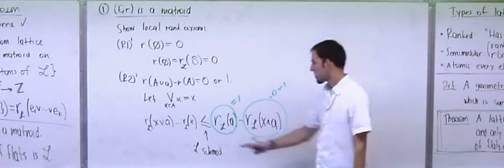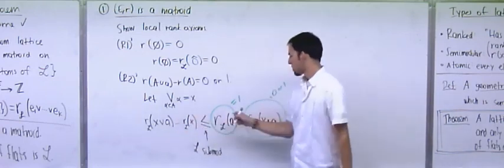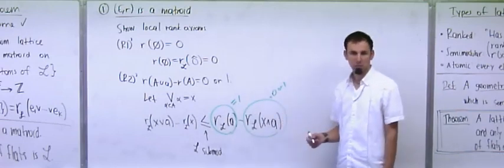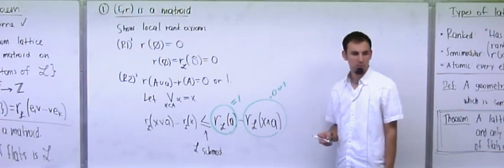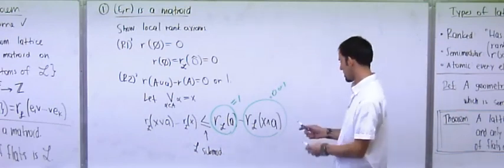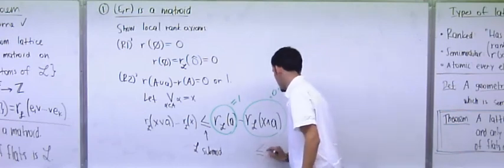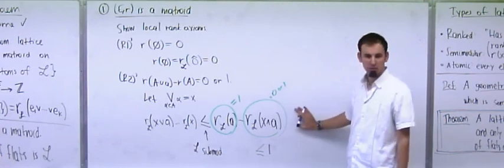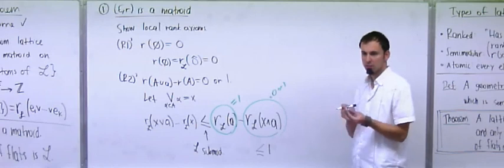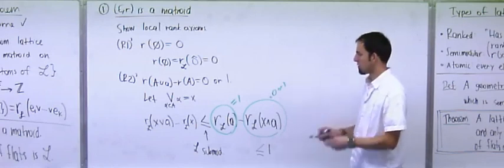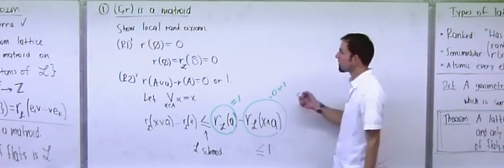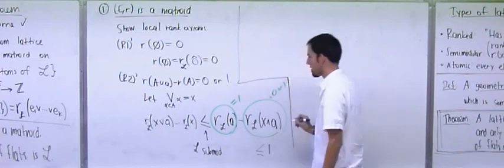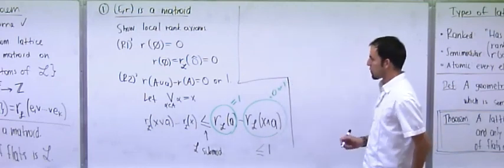Okay. So what I just showed is that this thing that I want is less than or equal to 1 minus 0 or 1. In other words, it's either 0 or it's 1. Okay. Questions about this? So there's my proof of R2 prime.